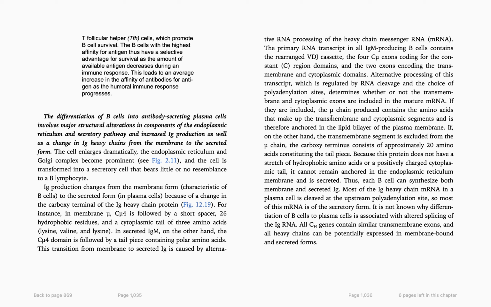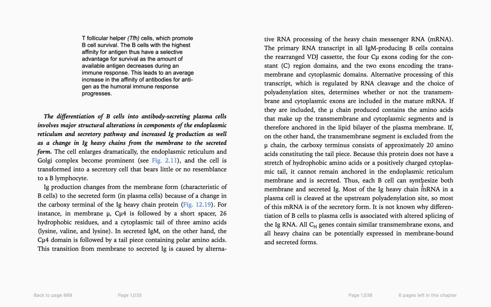If they are included, the mu chain produced contains the amino acids that make up the transmembrane and cytoplasmic segments, and it is therefore anchored in the lipid bilayer of the plasma membrane. If, on the other hand, the transmembrane segment is excluded from the mu chain, the carboxyl terminus consists of approximately 20 amino acids constituting the tail piece. Because this protein does not have a stretch of hydrophobic amino acids or a positively charged cytoplasmic tail, it cannot remain anchored in the endoplasmic reticulum membrane and is secreted.